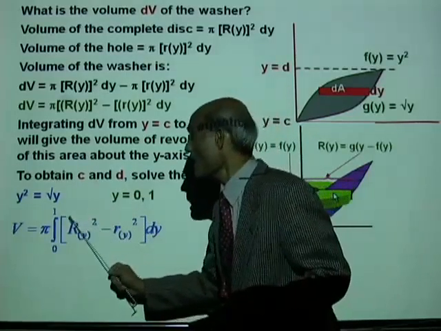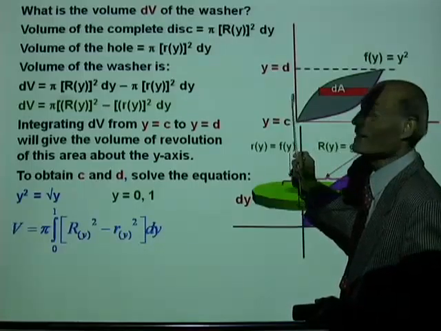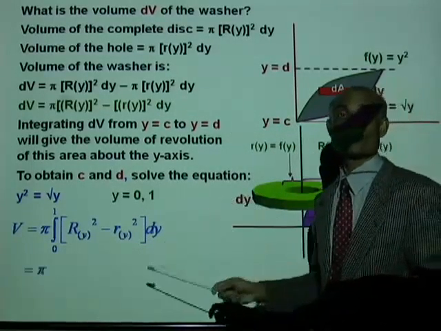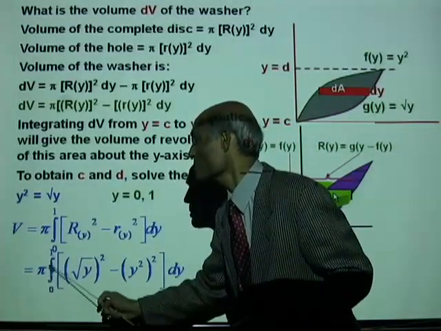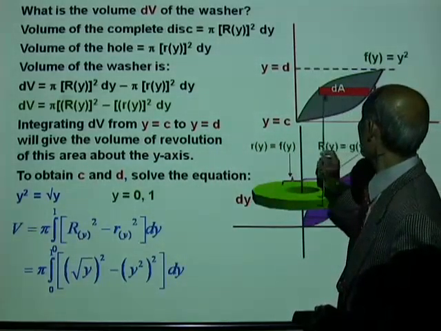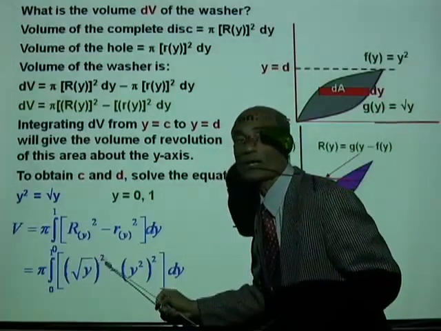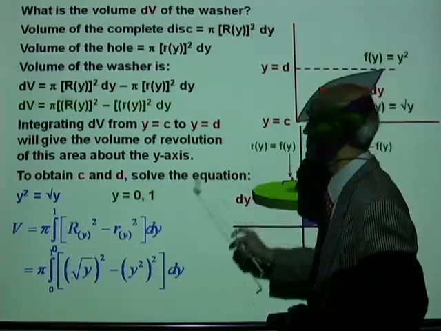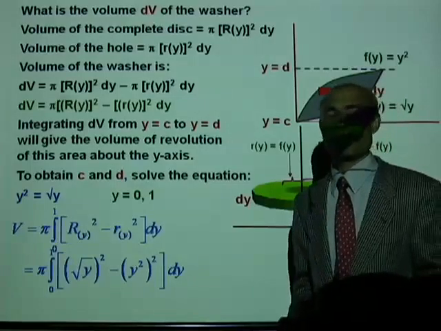Now remember, our uppercase R is g of y and our lowercase r is f of y. So let's replace that. That would be pi times the integral from 0 to 1 of square root of y, this is square root of y all squared, minus this is f of y equal to y squared, all squared, dy.